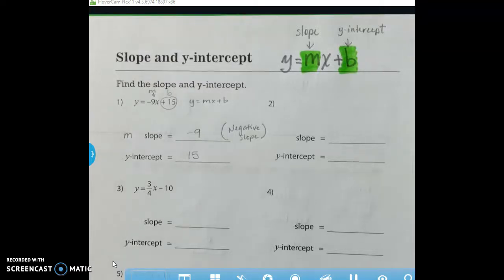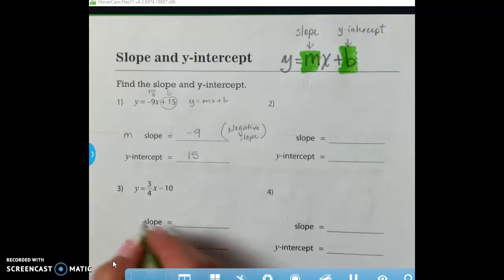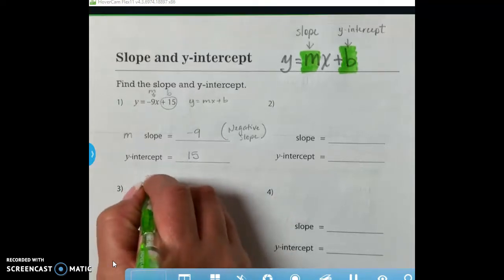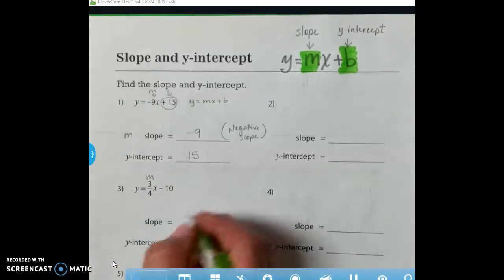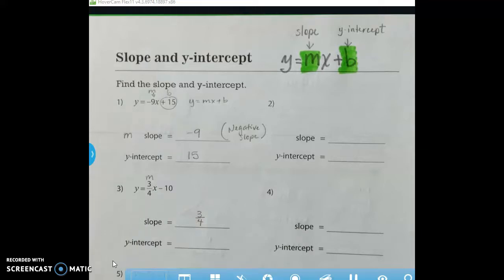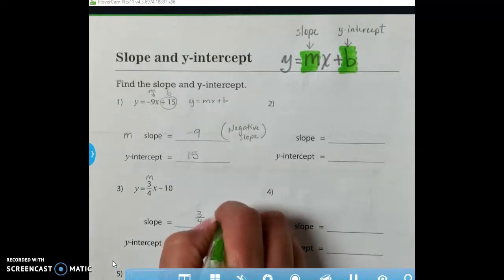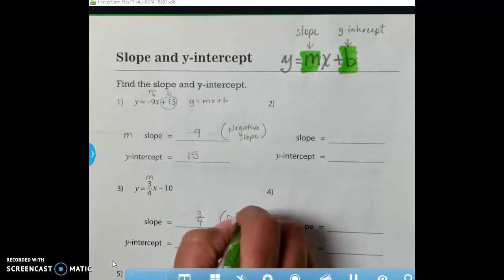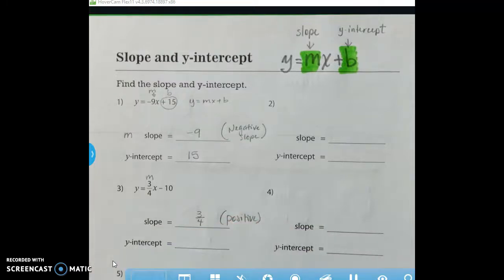All right, next equation, we're going to stay with the odds for right now. So slope is the value in front of x, so slope is 3/4, and it's a positive value, so it would be rising from left to right. Our y-intercept in this situation is a negative 10.